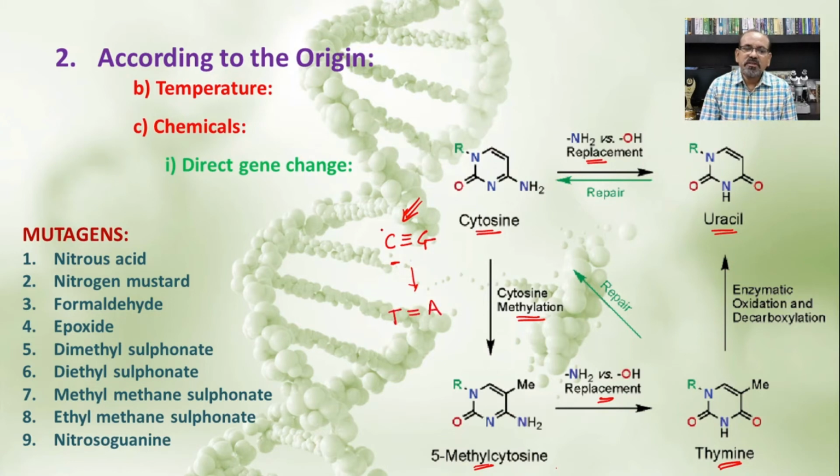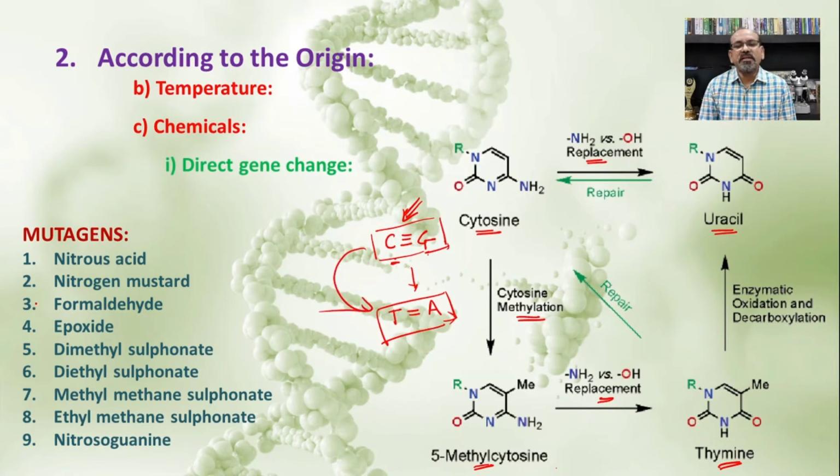Hence the cytosine and guanine present in the DNA sequence will be automatically replaced with thymine and adenine, and this change in the nitrogen base sequence is nothing but the mutation. Such a mutation is carried out when the DNA is not replicating, and hence it is considered a direct change in the gene.